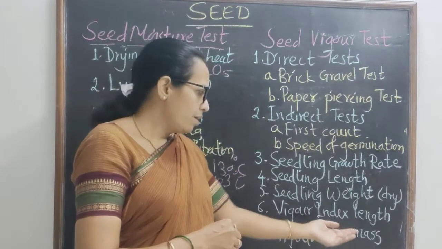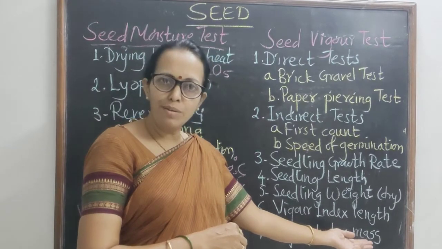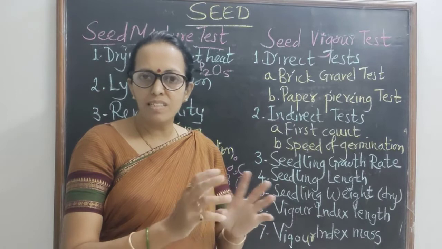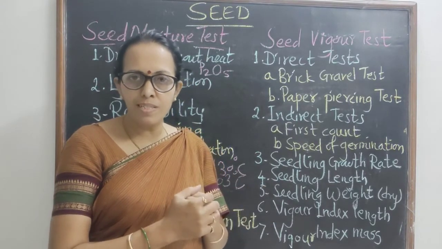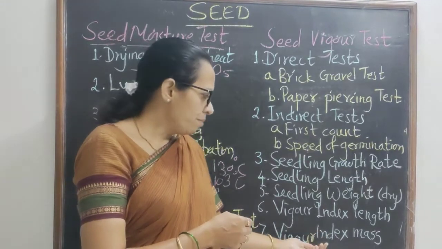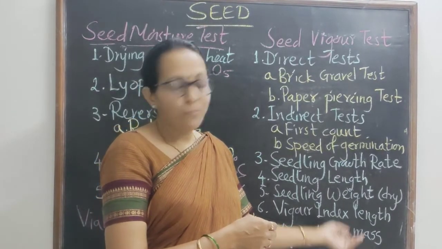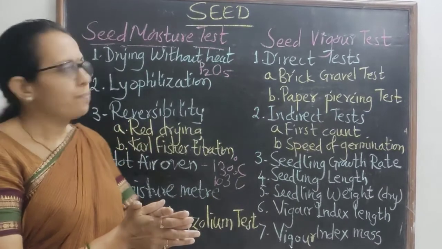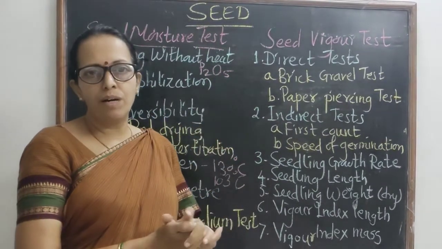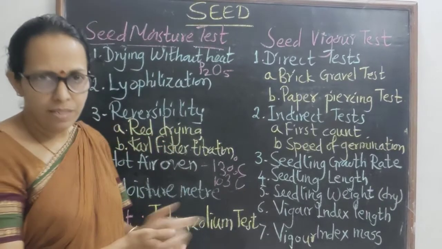That is, along with germination count, you correlate the mass of the seedling, that is, the weight of the seedling. We call it vigor index mass. So all these methods are generally used for testing the vigor of the seed.